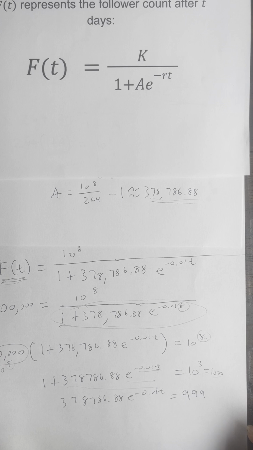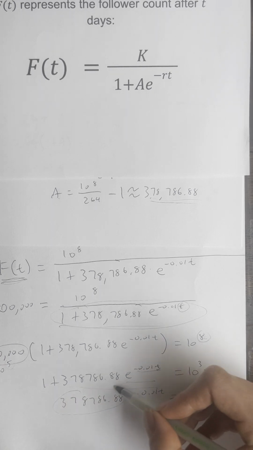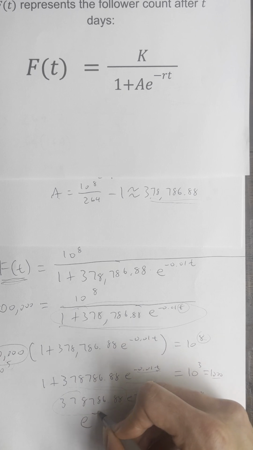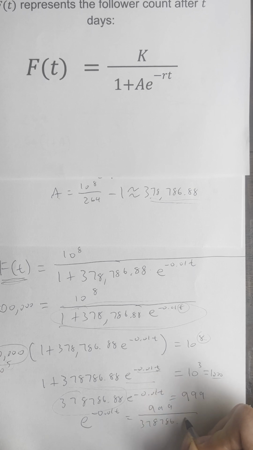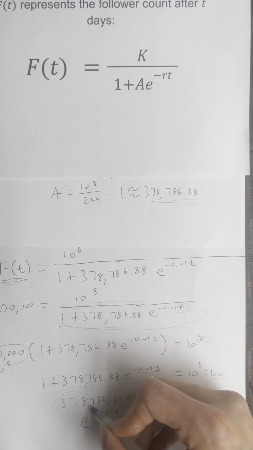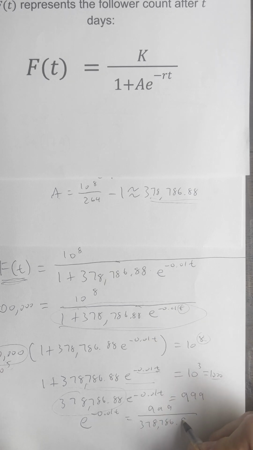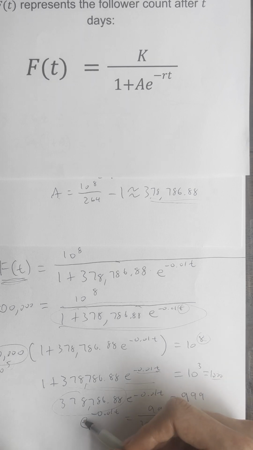We should divide by this number. Here, I'll just put the commas here. What's next? How do I get rid of this?